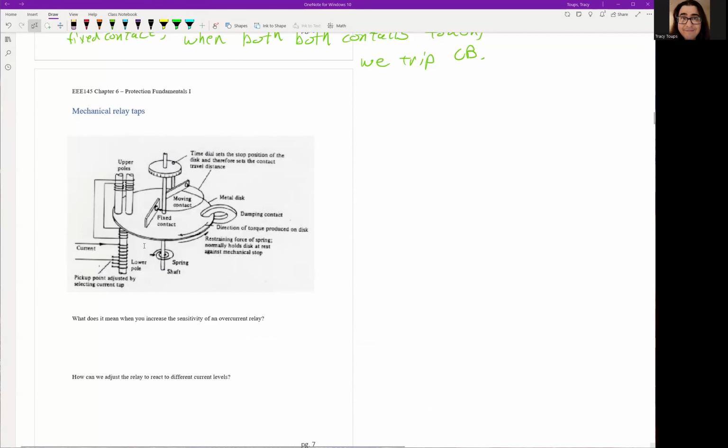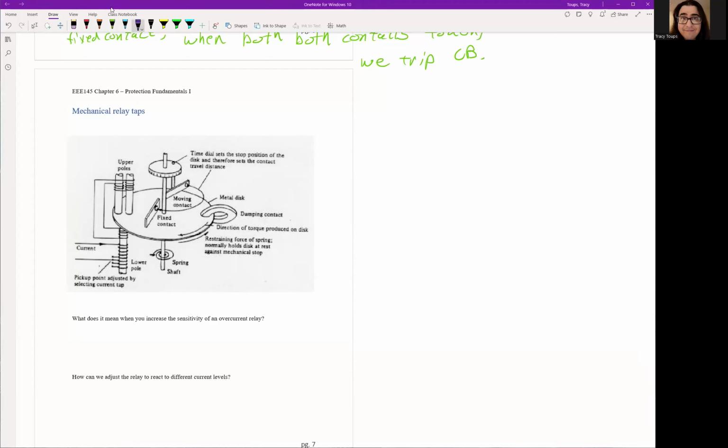Now, the question is, all right, I know current flows into the relay at a certain point in time, the disc will start spinning and it'll trip the circuit breaker. The big question is how can I control how much current will cause the disc to spin and how fast the disc will spin? Because the faster or slower the disc spins, the more time delay we're putting into our decision-making process.